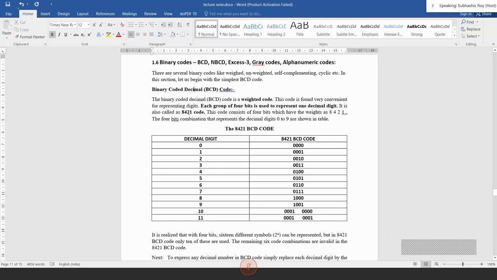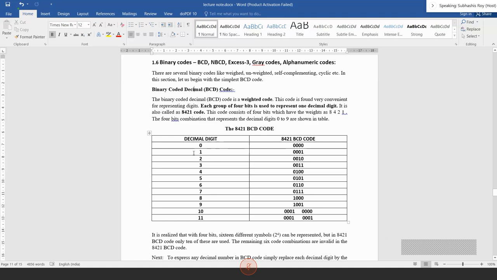Why is it 8421? Because there are only 4 bits. This BCD code is a 4-bit code. So a 4-bit combination is used for representing a single decimal digit. That's why this is an 8421 code. So single decimal digit 0 is represented in BCD as 0000.